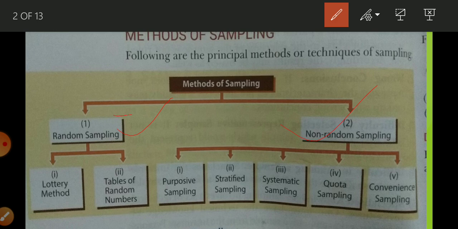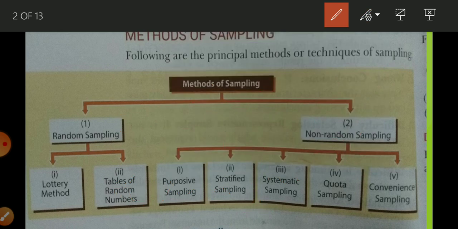The sampling in which each and every item gets equal chance of being selected. That is considered as a random sampling.